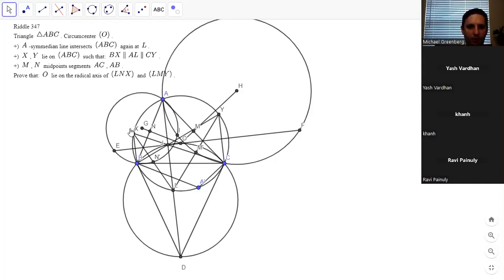That might help us a little bit. So I wonder if triangle AXY is similar to triangle N prime JM. I think it's likely that that's true. Let's check it out.